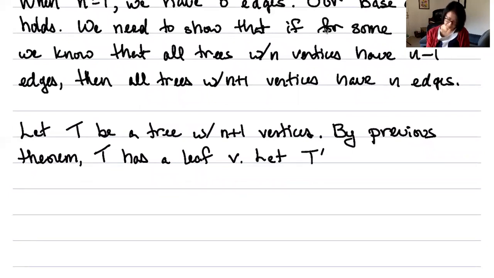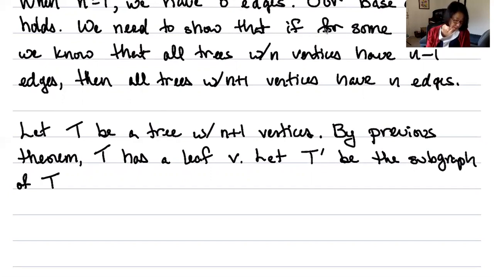Let T prime be a subgraph of T obtained by removing V and the one edge incident to it.